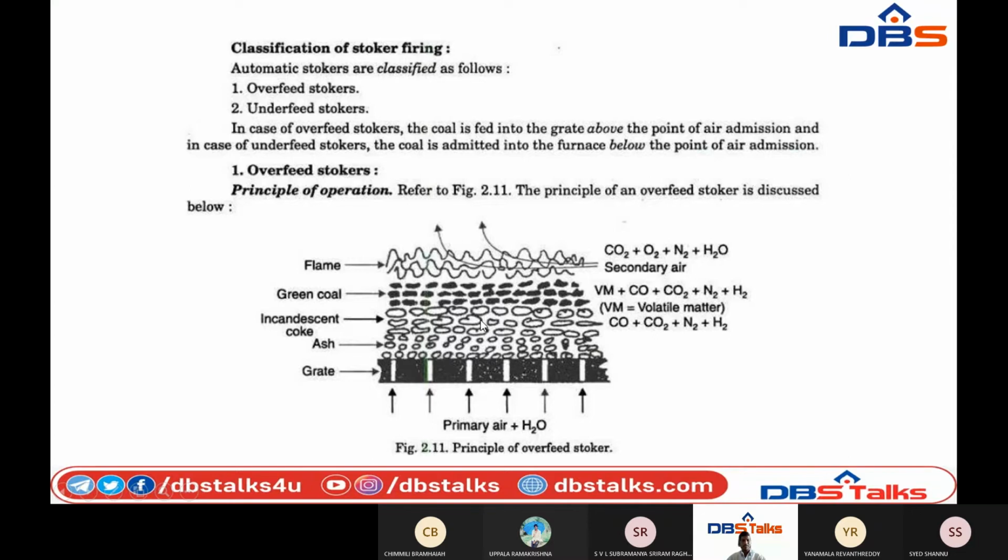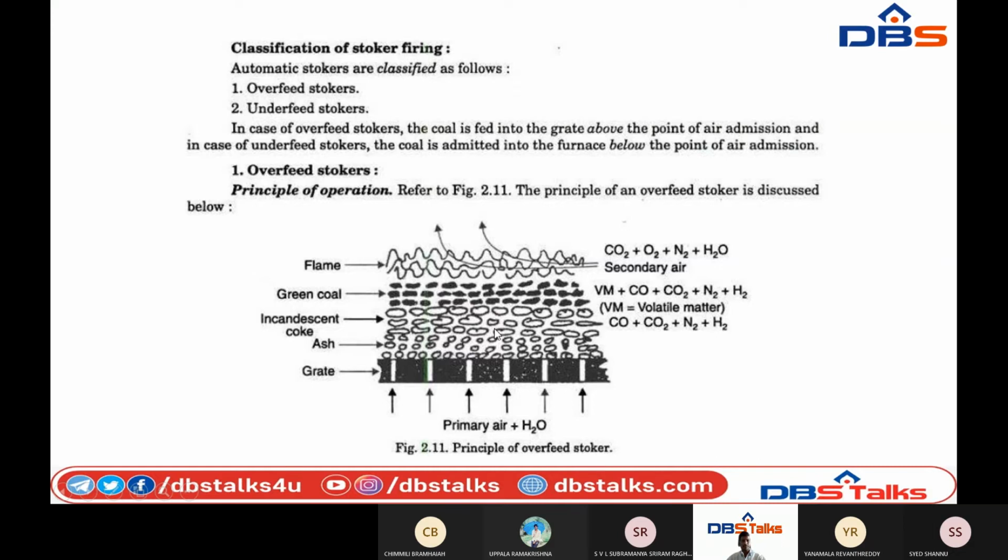When the heated air comes in contact with the incandescent coke, the carbon is mixed with oxygen. At a certain point, carbon contacts oxygen, carbon dioxide is formed, and CO is also produced.